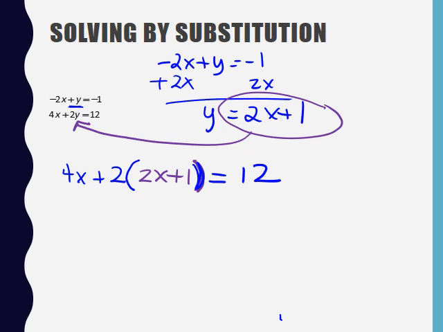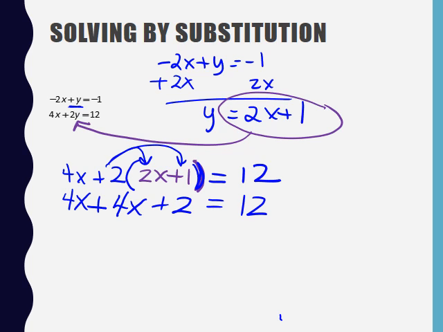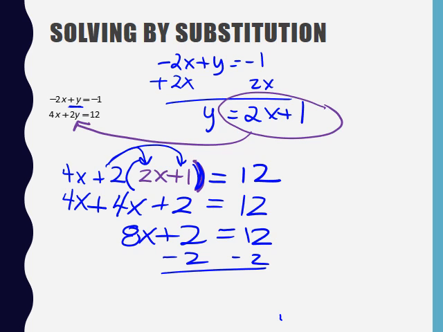So now I'm going to distribute my 2, and again, this is an equation of one variable like we know how to solve. So 2 times 2x is 4x, and 2 times 1 is 2, and that equals 12. So I get 8x plus 2 equals 12. If I subtract 2, I get 8x equals 10. Divide by 8, x equals 5/4. And then I can substitute it in whatever equation I want.